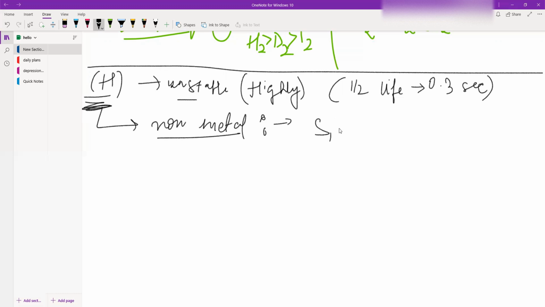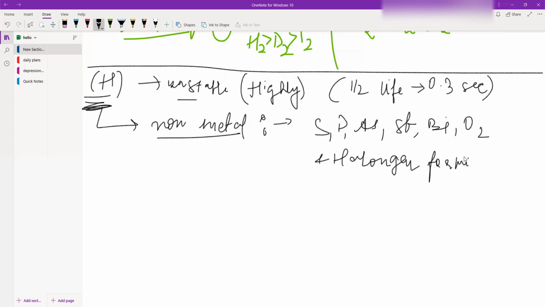This is S, sulfur, P, As, arsenic, Sb, antimony, bismuth, oxygen, and I'll say halogen, forming any corresponding hydride, H2O, and hydra acid respectively.